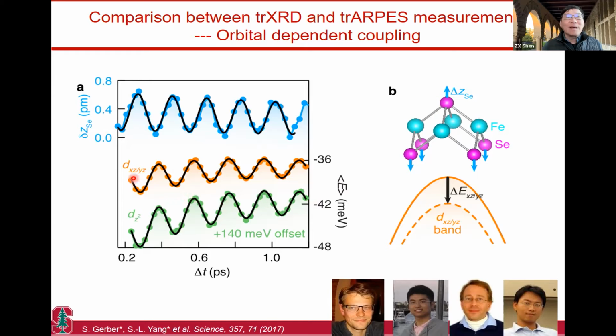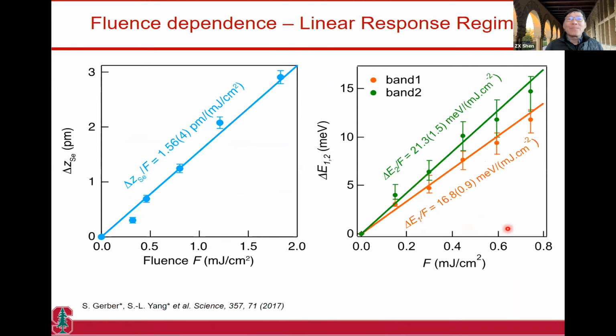Now you can see that simultaneously you see also the signal from the band structure, in particular the top XZ and YZ bands show similar oscillation. Okay. So now if you put this together, then you can see that, as I said earlier, we want to make a ground state measurement. That means you need to ensure that you are in a linear response regime.